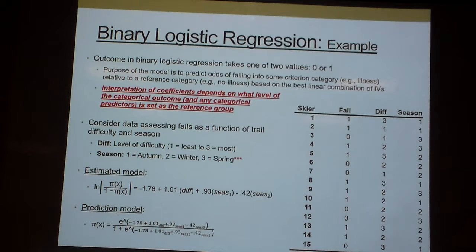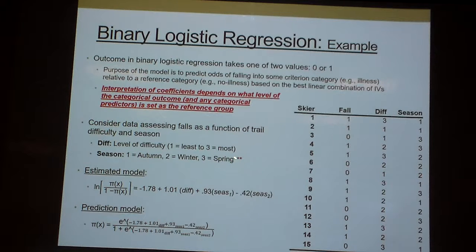There are variations on this model that you can use to account for ordered categorical IVs. But then we also have season, which is a true categorical variable. Time-wise, there's a progression, there's an order to it, but there's no meaningful quantitative difference between these. So in this example, 1 is autumn, 2 is winter, 3 is spring.